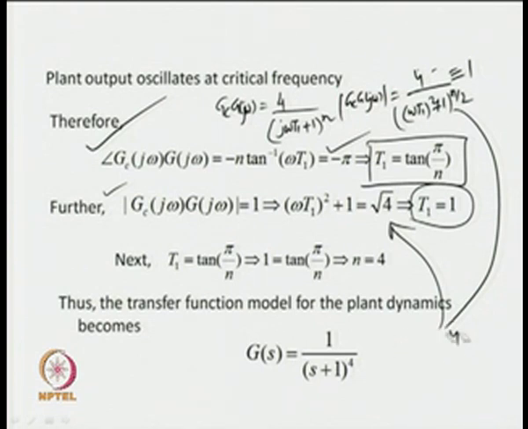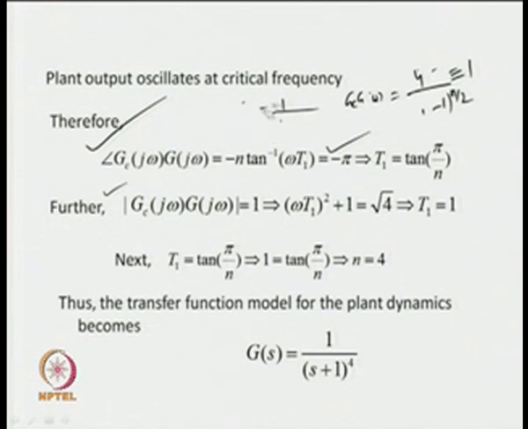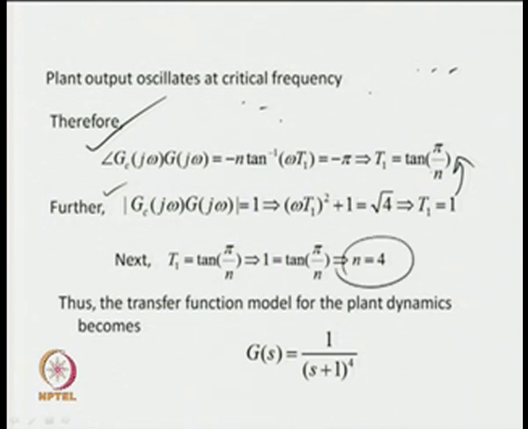So, from the analysis, T1 is found to be 1, and then using this value in this expression gives us n equal to 4, because 10 pi by n is equal to 1 implies n is equal to 4. Thus the unknowns of the process model, T1 and n, are estimated.